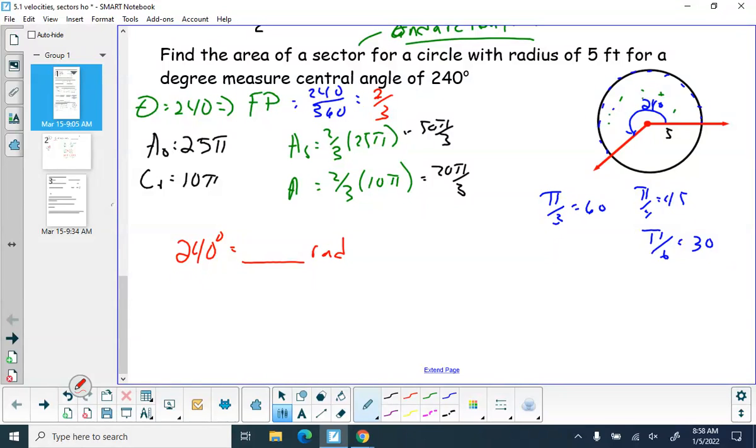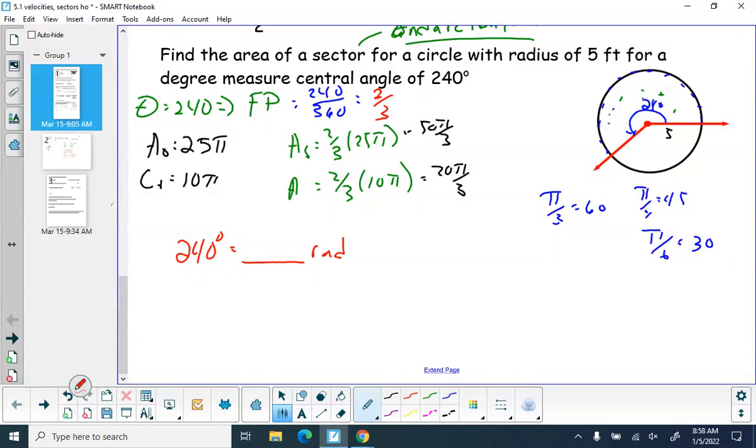Pi over 3 is 60, pi over 4 is 45, pi over 6 is 30. What can I do with one of those values to get to 240 degrees? Well, you can run it through the proportion and the conversion. Cole, what's our number of radians in terms of pi?